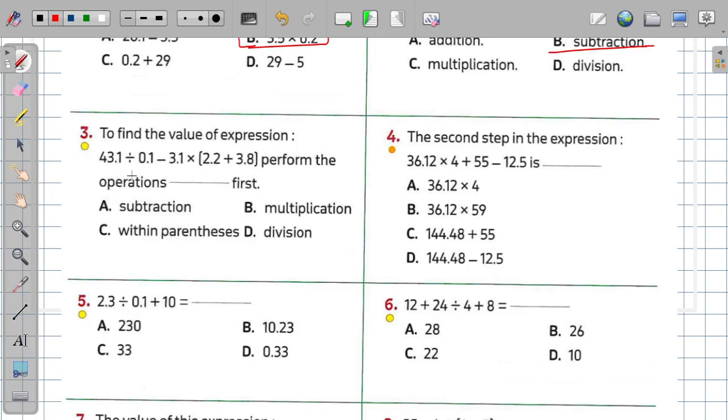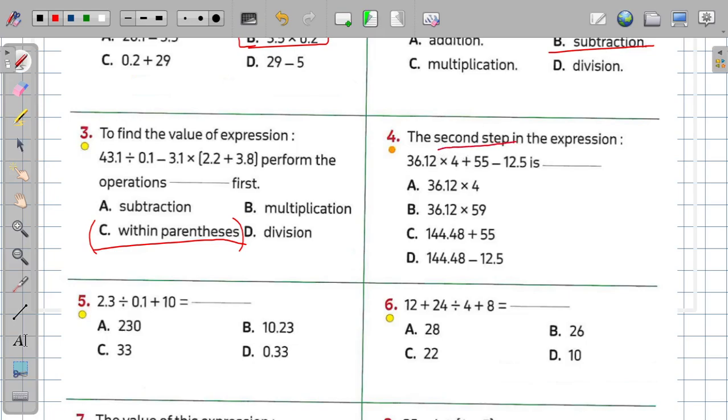So I have division operation, subtraction operation, multiplication operation, and I have a bracket, and what's inside the bracket is the addition operation. So what is the first operation? I think it's the operations inside the parentheses. So I will choose what's inside the parentheses.